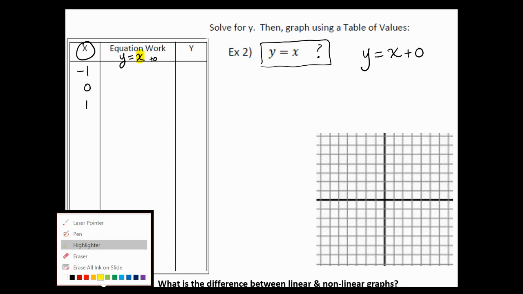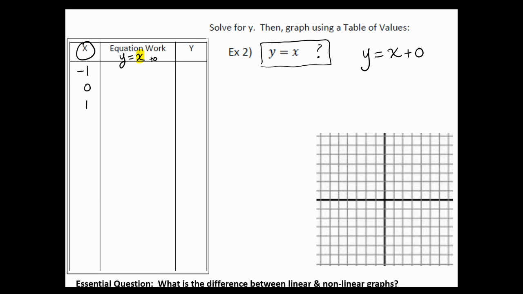If we plug that in, this would say y is equal to, plug it in right here, -1. If you want to think in your head plus 0, that's okay, it's just -1. So our point would be -1 comma -1. If you plug in 0 for x, it would say y is equal to 0. So the y value is the same thing as the x value.